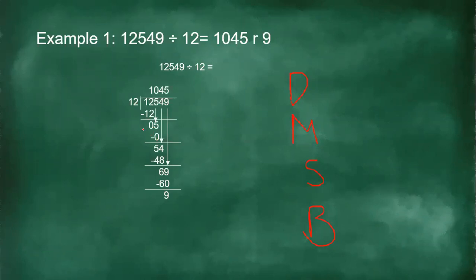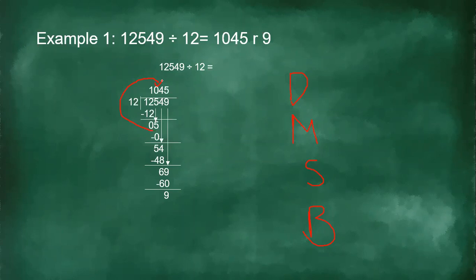And then you minus it. It's still 5. Then we bring down our 4. The nearest number in the 12 times table close to 54 is 48. Then I minus that, and that goes in there 4 times.